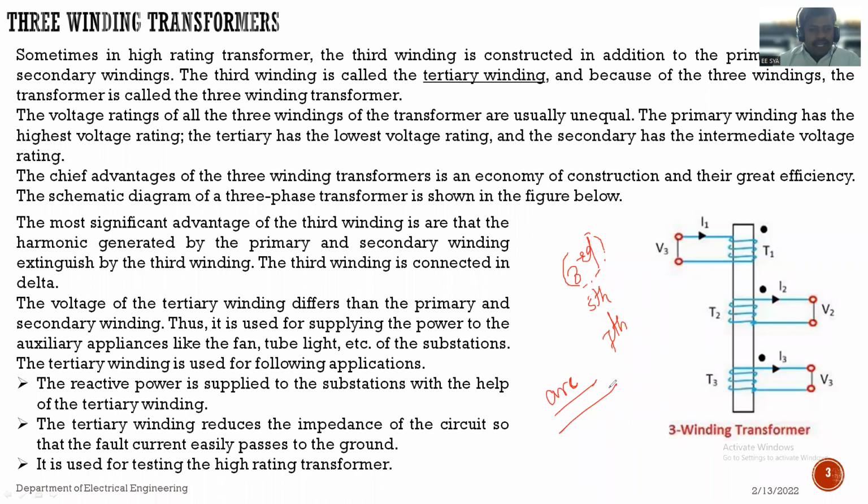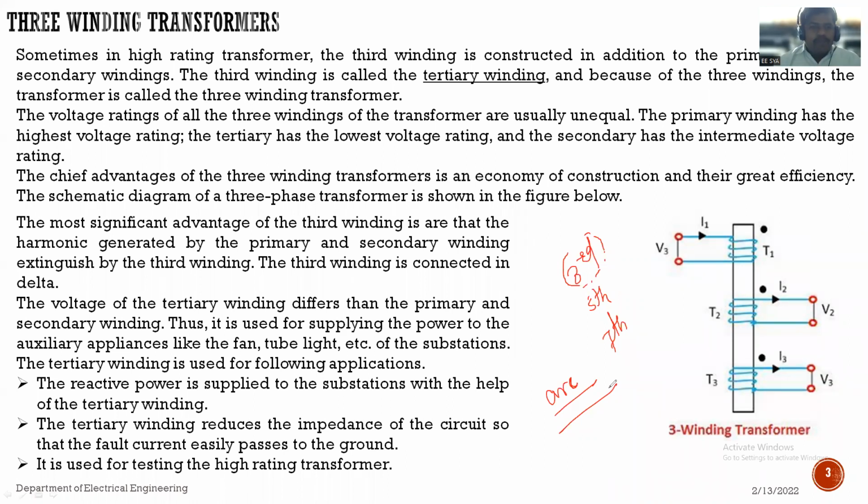So as we know, the tertiary winding has a low voltage, so it will differ from the primary and secondary. Obviously it will be less, that means it is different from that of primary and secondary. Thus it is used for supplying the power to the auxiliary appliances like the fan, tube lights, etc.